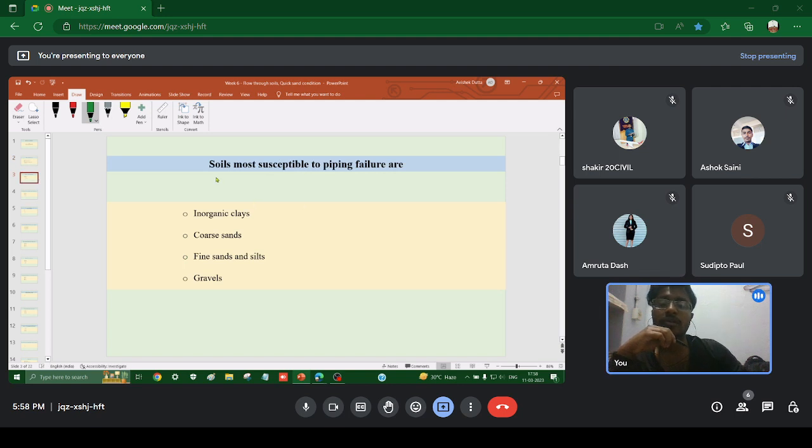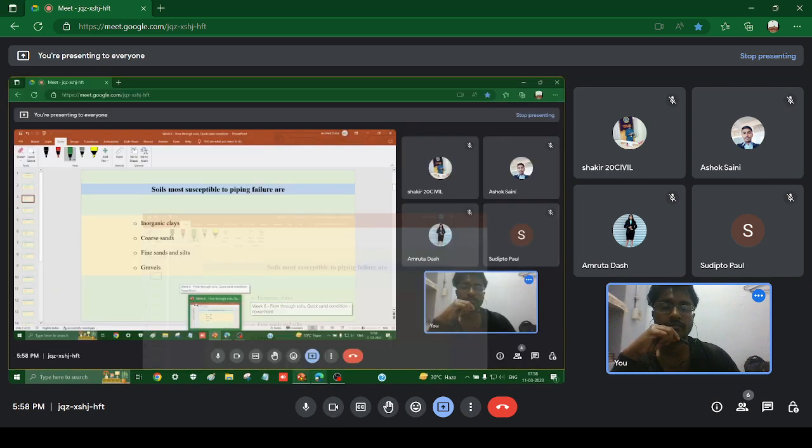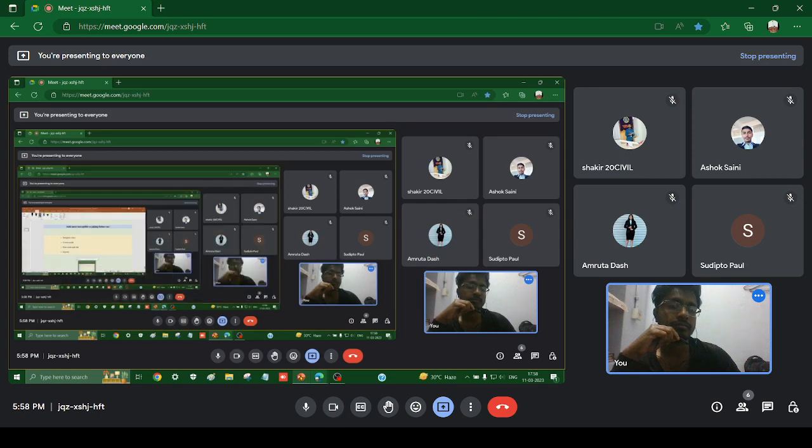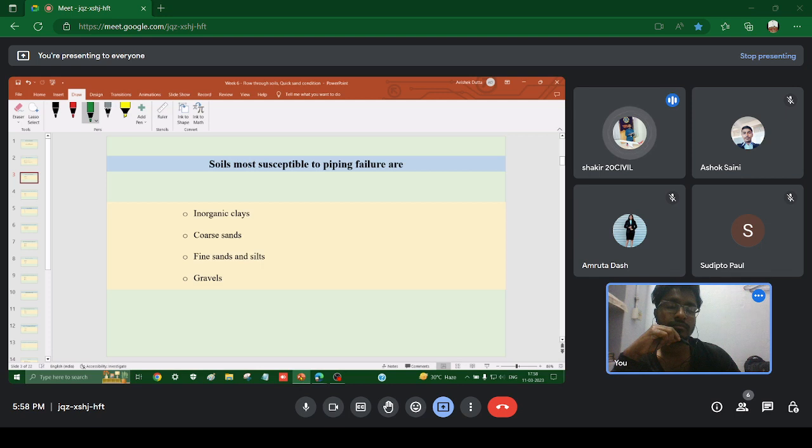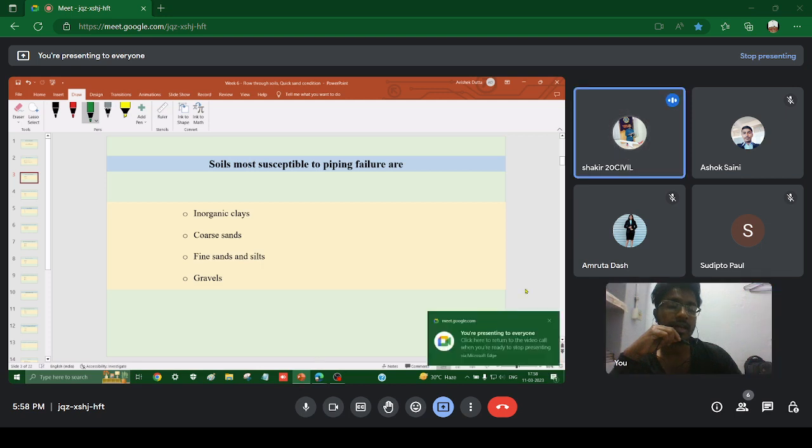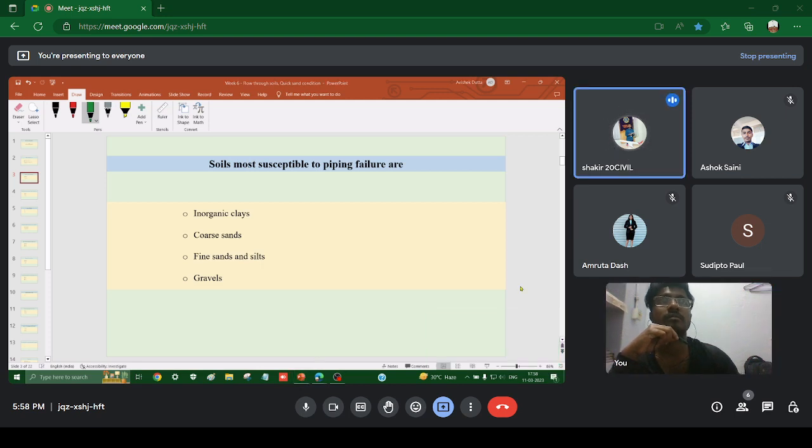Next question: soils most susceptible to piping failure are? What is the answer? Which soil is more susceptible to piping failure? Clay.